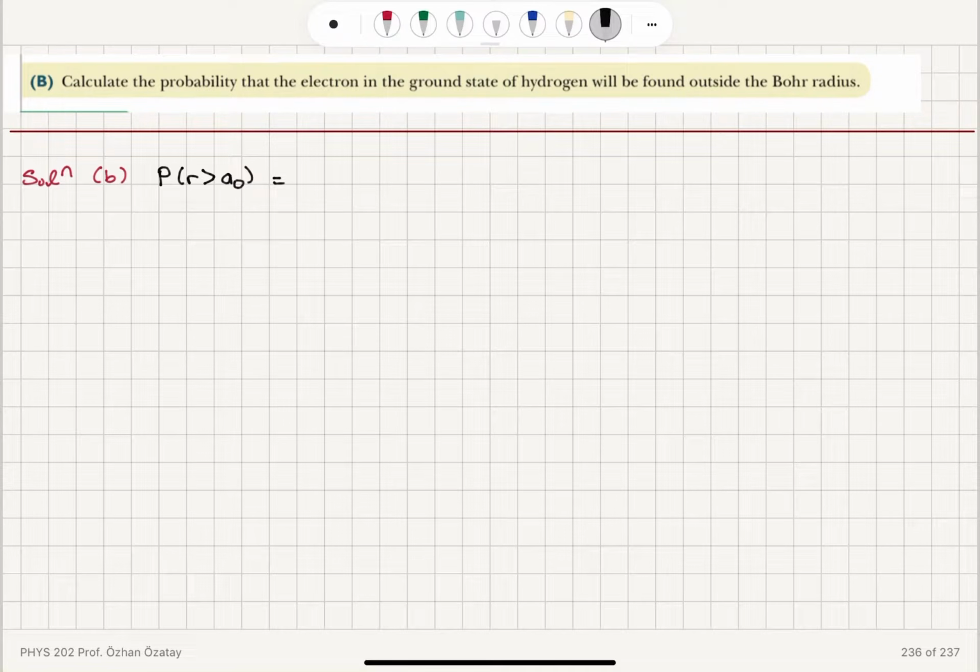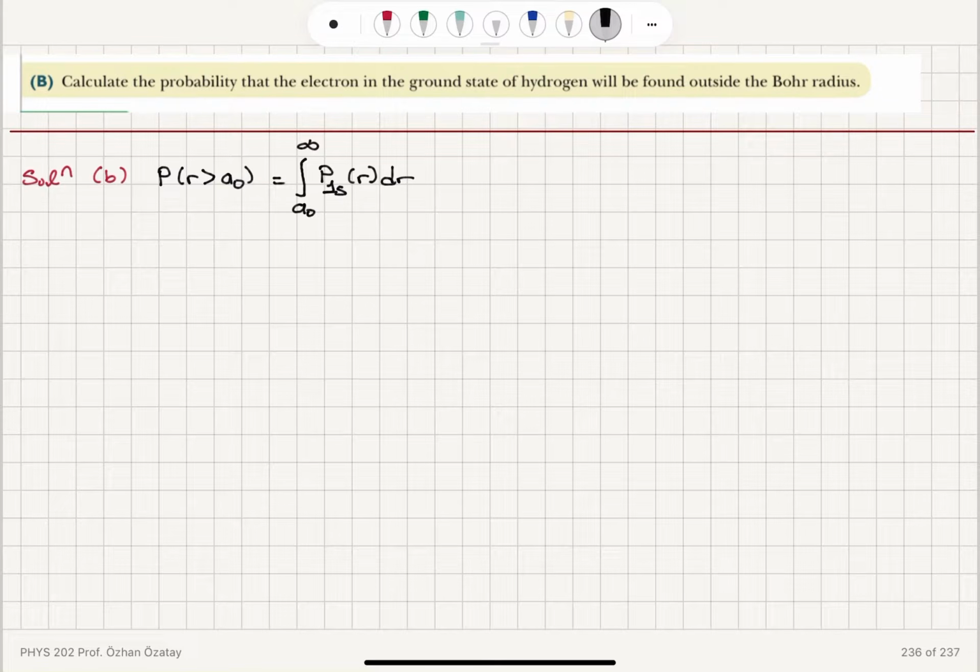This will be being at a radial distance between a0 and infinity, the probability density function 1s of r dr. Okay, so I'm counting the probability of being at r equals a0 plus dr plus 2dr all the way up to infinity. That's probability of being outside the Bohr radius.